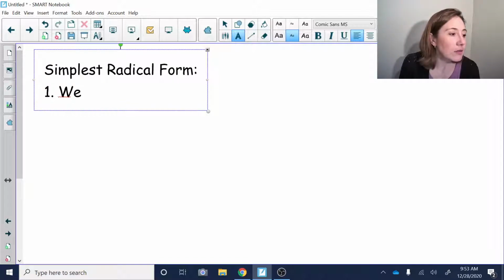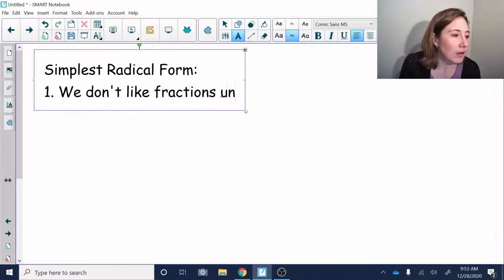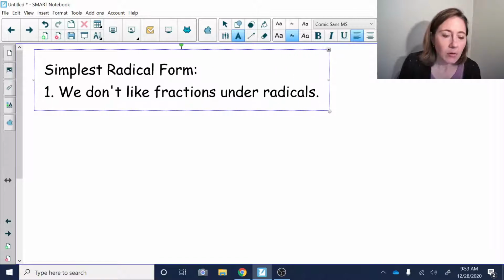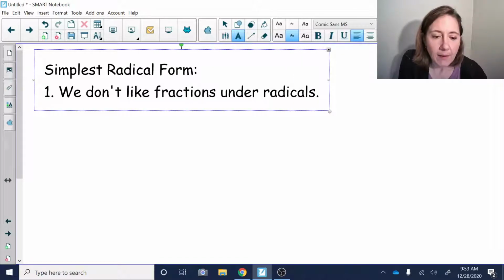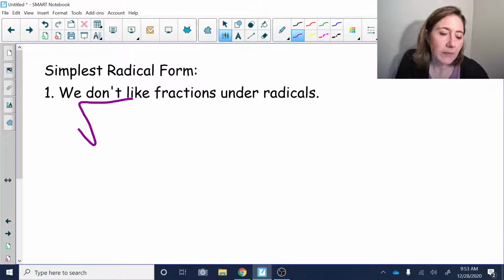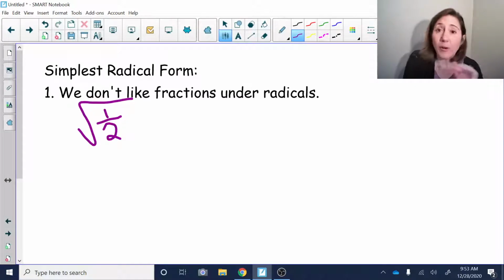One rule is we don't like fractions under radicals. So if you have something like this, let's say 1/2 under there, we don't like having fractions under radicals.